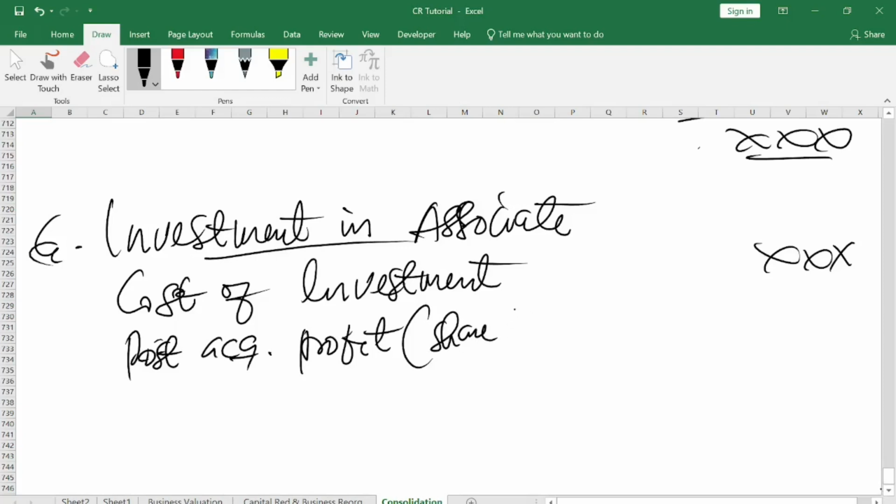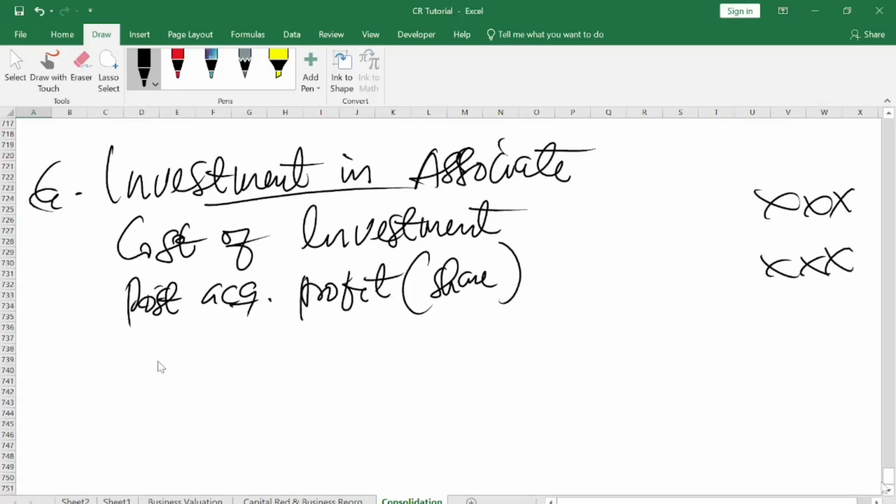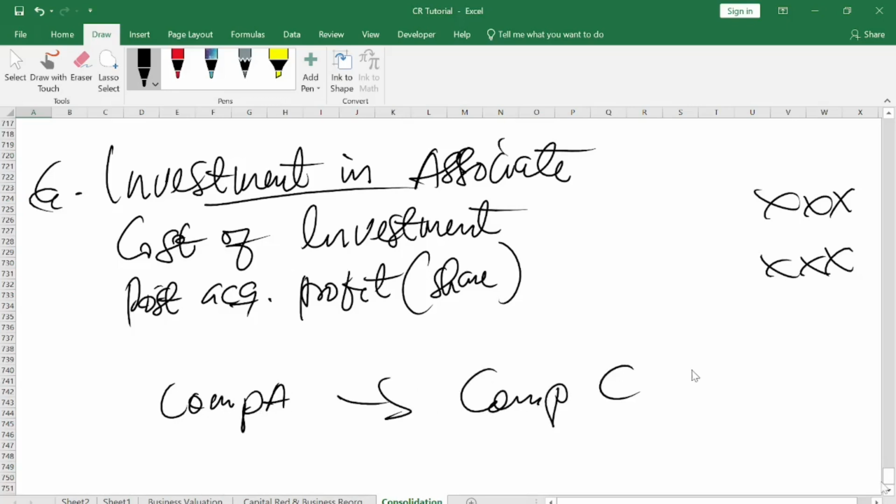So how does this arise? Maybe company A has investment in company C as an associate company.